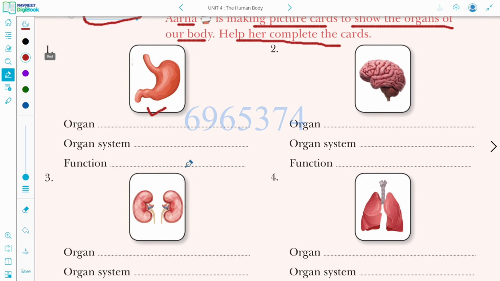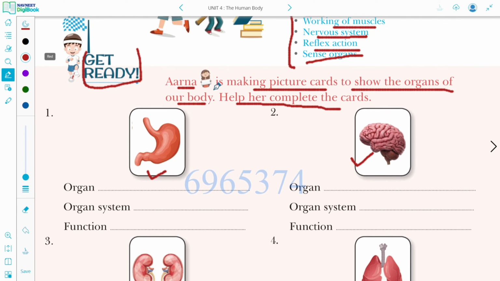Function. What is the function of this stomach? Digestion of food. Next, this is the picture of brain, and the organ system is nervous system. The function is to control the overall functioning of the body.